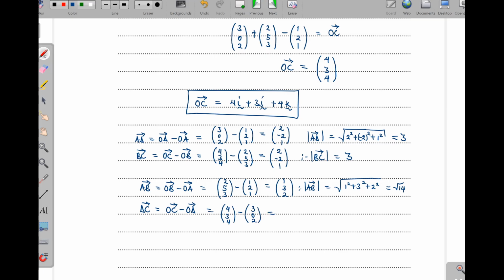Then here we are getting 4 minus 3, you get a 1. 3 minus 0, you get a 3. 4 minus 2, you get a 2. Do you see that it is also the same? And these vectors are different from the others. So we conclude that DC is also root 14.